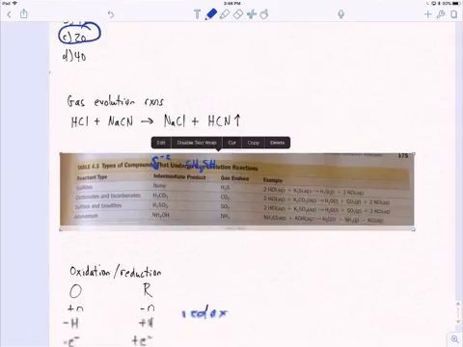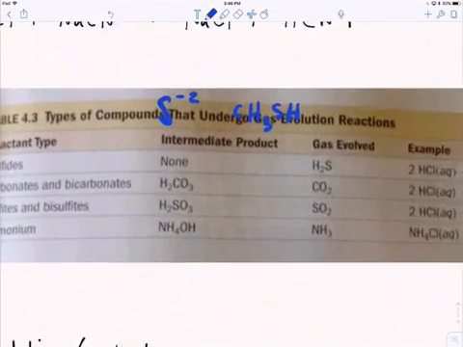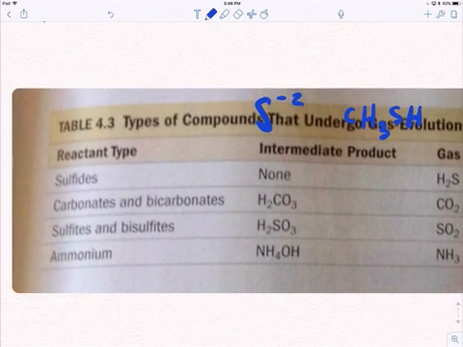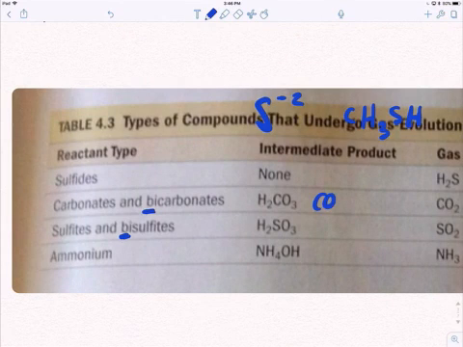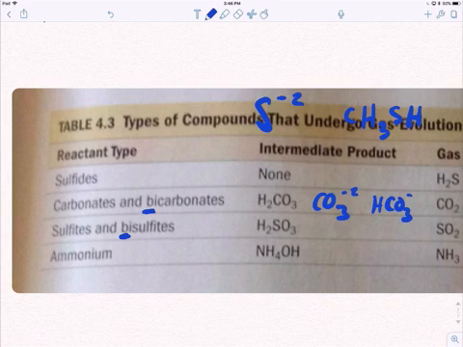Okay, so other things: carbonates and bicarbonates. The word bi, you see you have bicarbonates and bisulfates. Bi in chemistry class means an extra hydrogen. So carbonate is CO3 minus 2. Bicarbonate is HCO3 minus 1. And so bi just means hydrogen.